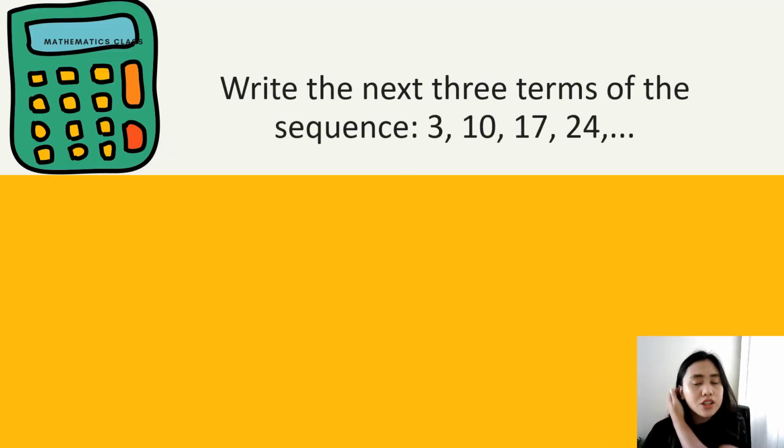Write the next 3 terms of the sequence 3, 10, 17, 24. Bago natin maibigay ang sumunod na 3 terms, kailangan muna nating malaman ang pattern nito. Ano nga bang pattern ang sinusundan nito? Napansin nyo ba?